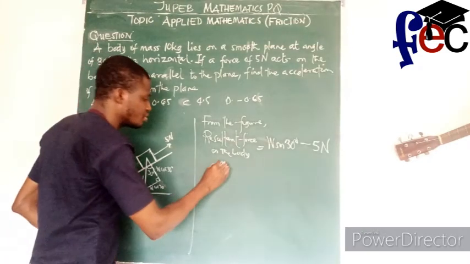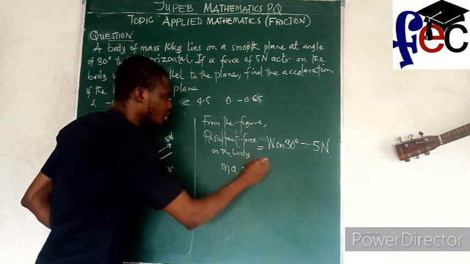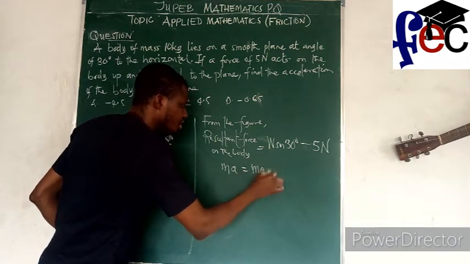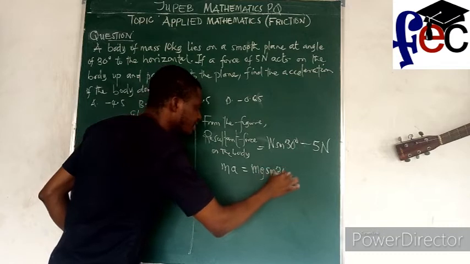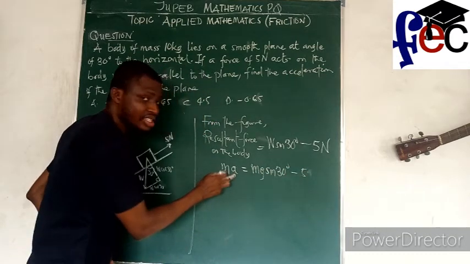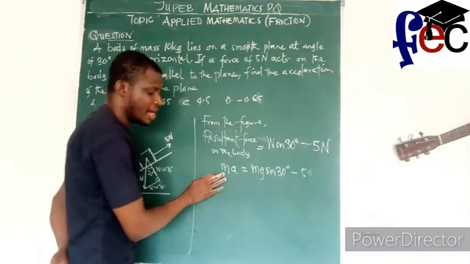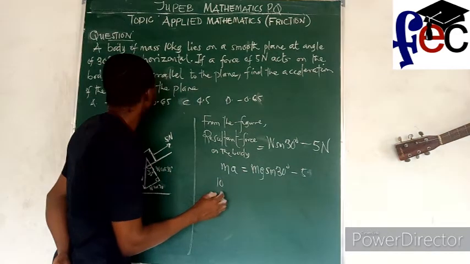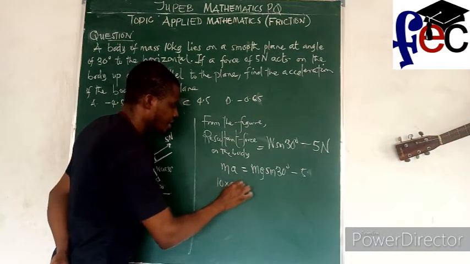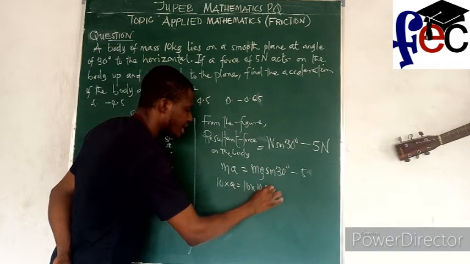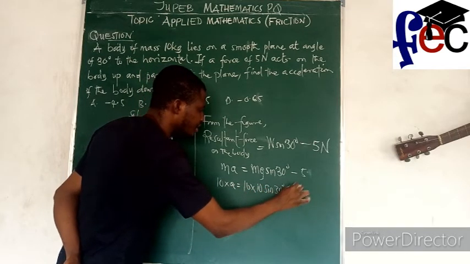Resultant force on the body is given by mass and the acceleration. So that means I'm going to have ma equal to what? Weight is going to be mg sine 30 degrees minus 5. This is the acceleration I'm looking for. Our mass is 10, so 10 multiplied by a equals 10 multiplied by 10 sine 30 degrees minus 5.